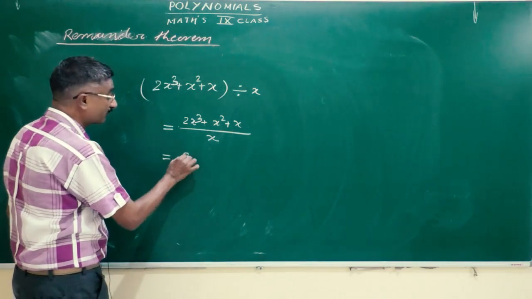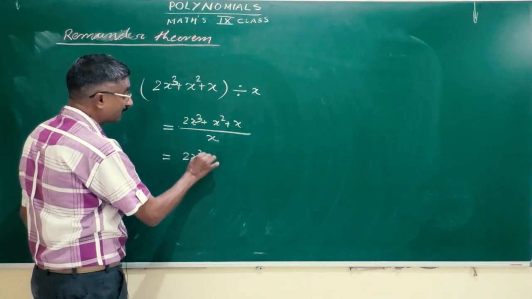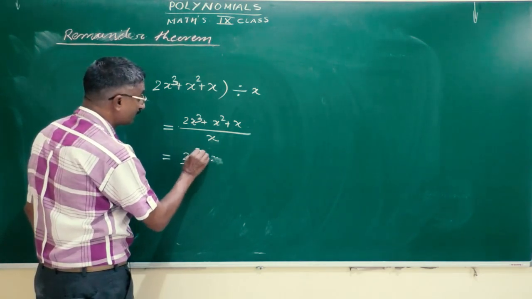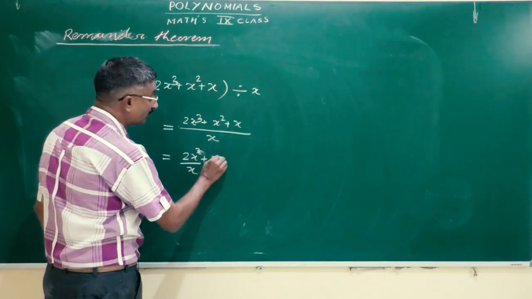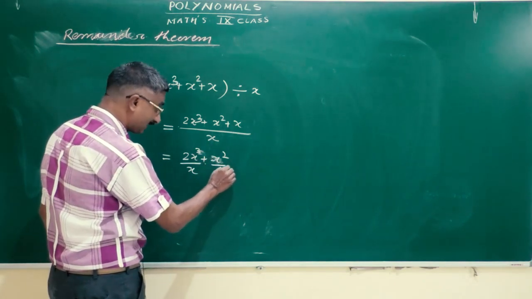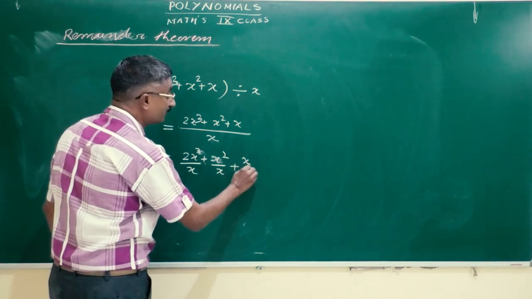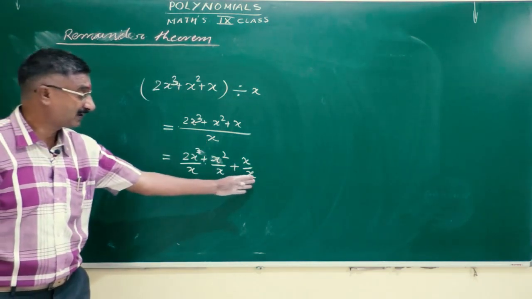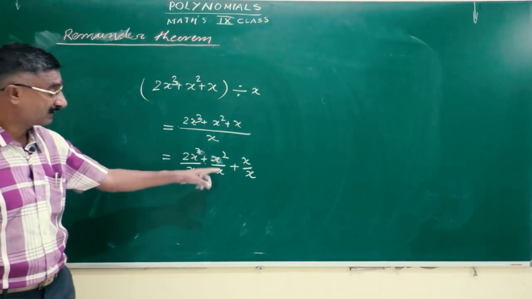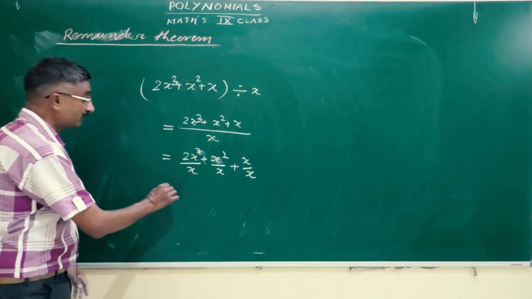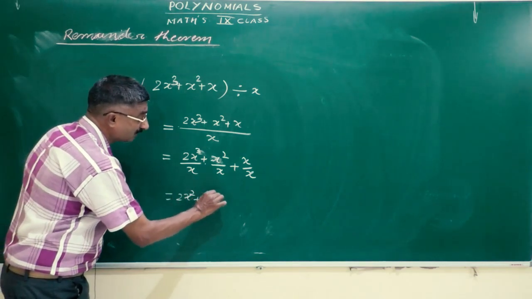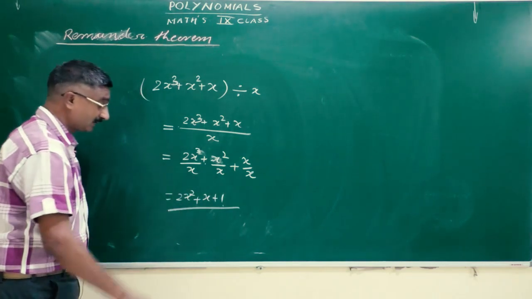So this is equal to 2x square plus x plus 1, or you can write 2x cube upon x plus x square upon x plus x upon x. We can write in this manner also. Here x is the LCM and we have separated it, so each term is divided by x. So this is equal to 2x square plus x plus 1.